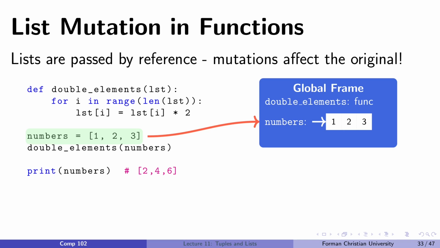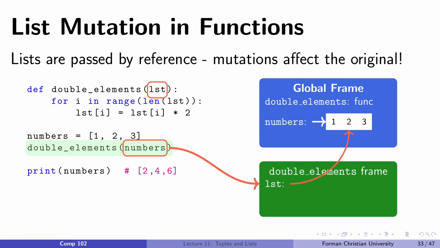We're creating a new list of these 3 items. So this creates a list object in the global frame. Now, when we call double_elements with the parameter numbers, a new frame opens, and in that frame, lst, that's the parameter, is bound to the same list object as numbers. So you see the red arrow here.